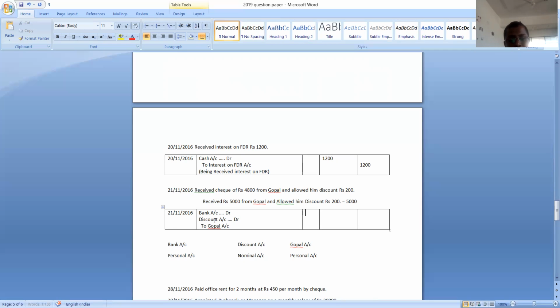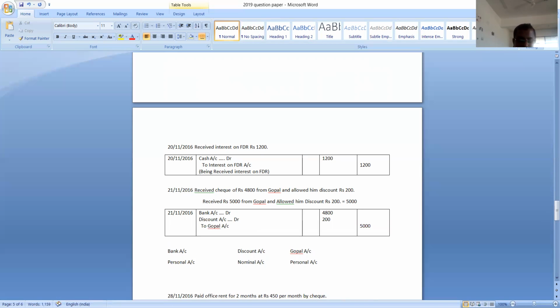Let us write the amount now. You received a check worth rupees 4,800, so bank account debit 4,800. You allowed him a discount of rupees 200. So Gopal's account is totally rupees 5,000. How should we write the narration now?